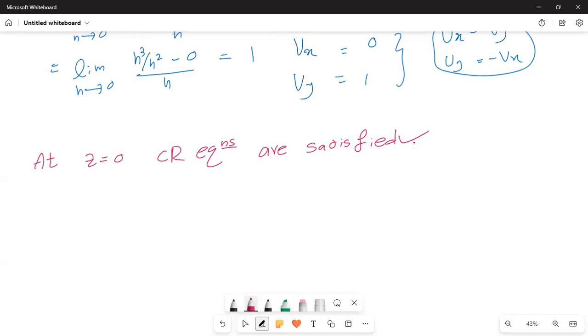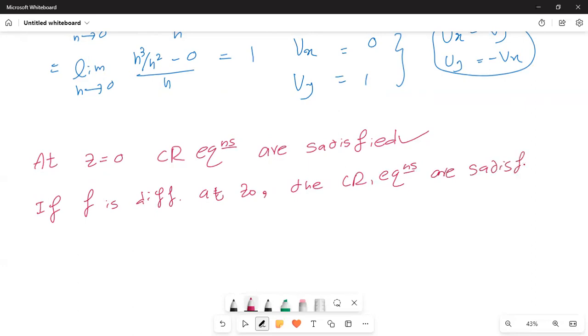So is this enough to say that the function is differentiable at the origin? Now we know that the Cauchy-Riemann equations are satisfied at the origin, but is it enough to say that the function is differentiable at z equals 0? Our theorem is that if f is differentiable at some point z naught, then the Cauchy-Riemann equations are satisfied there.